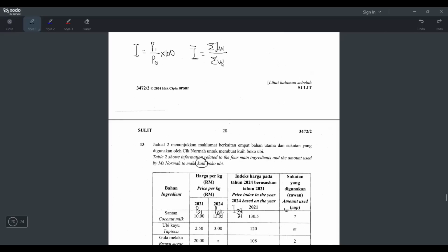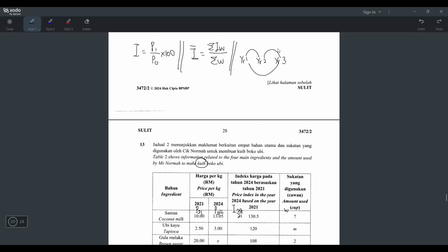And then the third formula, you will use it when you have 3 years in one question. When you have 3 years in one question, you will use the third method, where you have to draw a smiley face like this, and then write the years inside here.